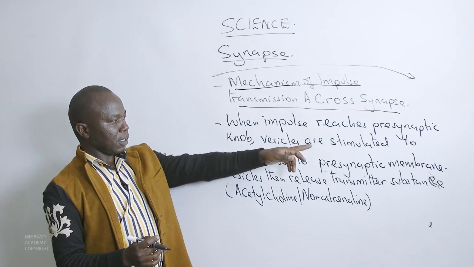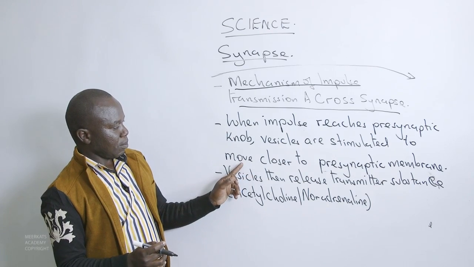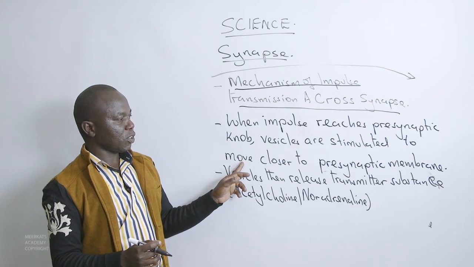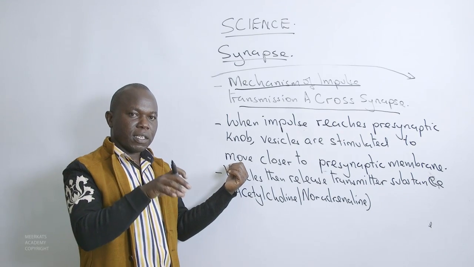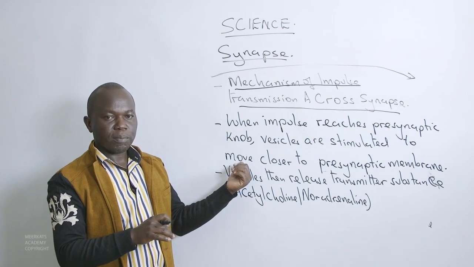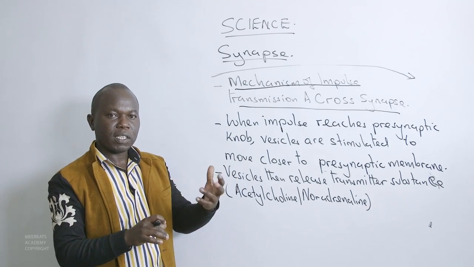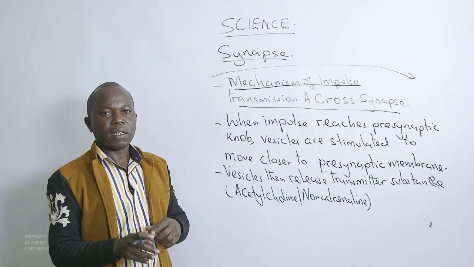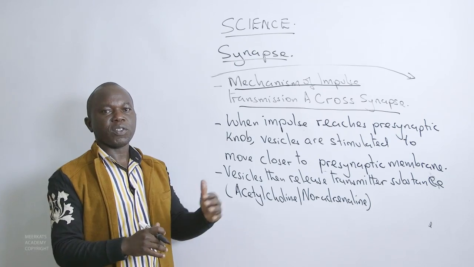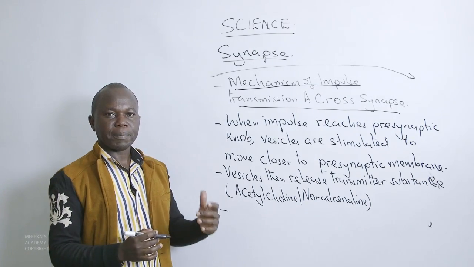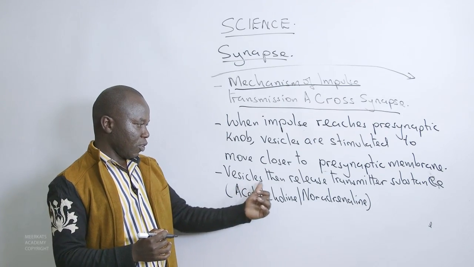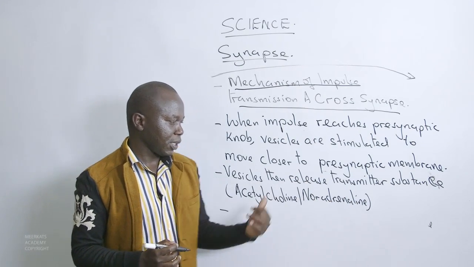But again, there is the movement of the vesicles. We have said we have the mitochondria. Mitochondria in the presynaptic knob are the ones that produce energy so that it can aid in the movement of the vesicles close to the presynaptic membrane. So vesicles release transmitter substance.